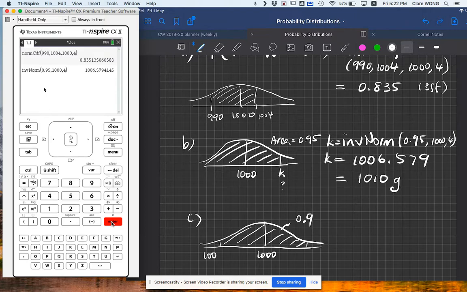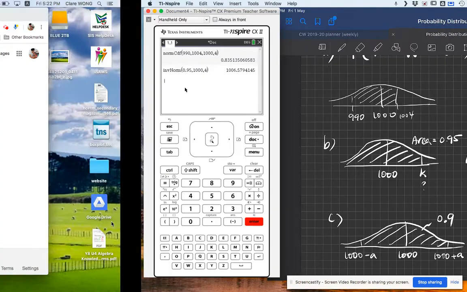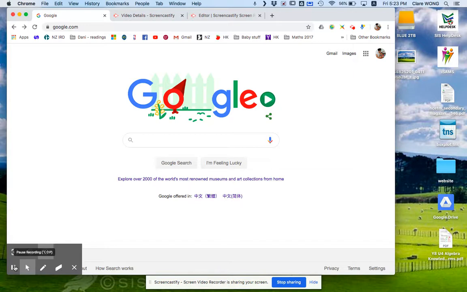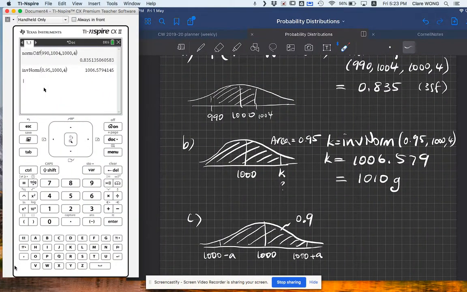This is 1,000 minus A. This is 1,000 plus A. And we're trying to figure out what A is. So what can we do? Well, we need to use a little bit more of the symmetrical property of the normal distribution.